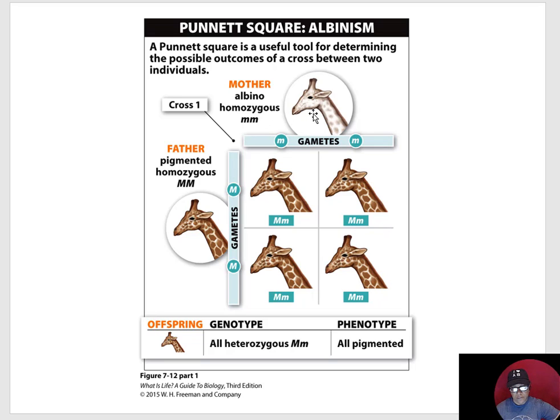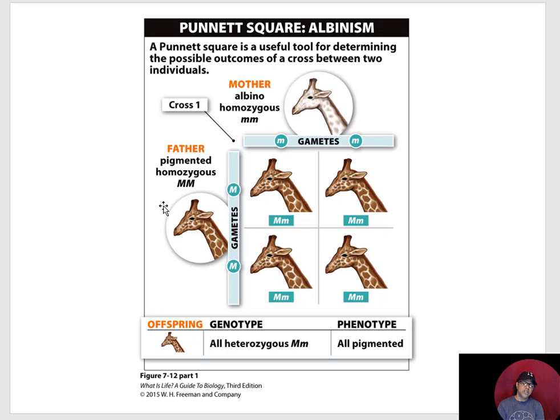So if we're looking at her genotype here, we would say little m, little m. And then we have the father here as we set up our Punnett square, and he is pigmented, that is his phenotype, and his genotype is homozygous dominant M, signified by capital M, capital M.